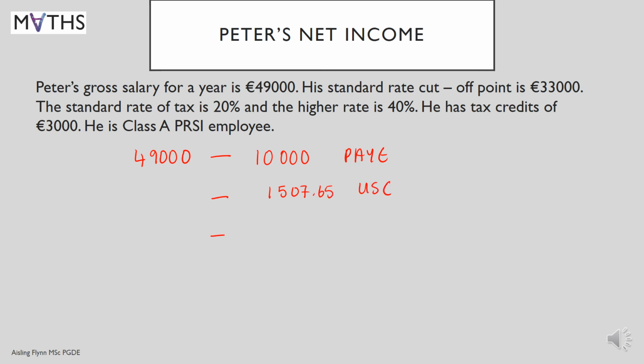And the third one was PRSI, that was €1,960. So you subtract all of those on the calculator, starting with 49,000. His net income after those deductions is €35,532.35.